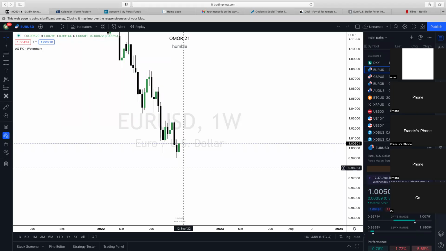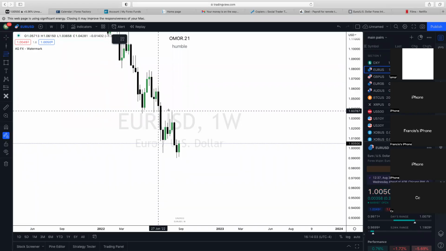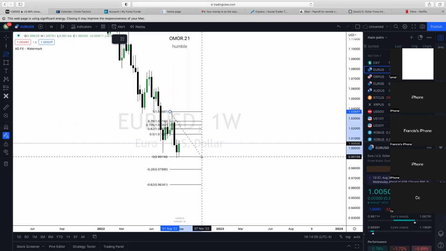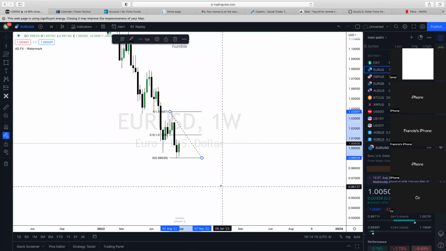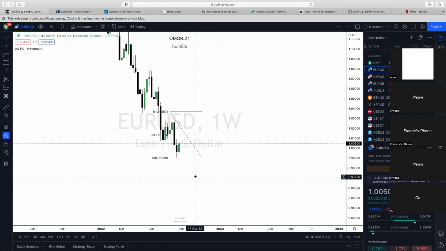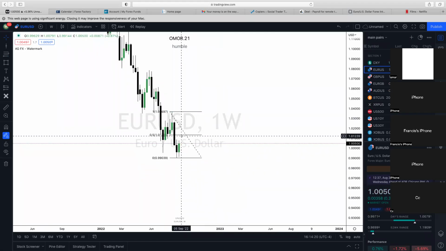Now, what is low of the range? Anything that is discount. So if I look, now we have this: 50%. Anything beneath that is a discount market. Anything above that is a premium market.